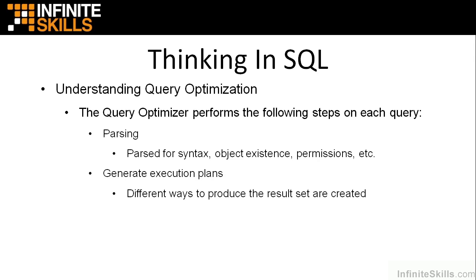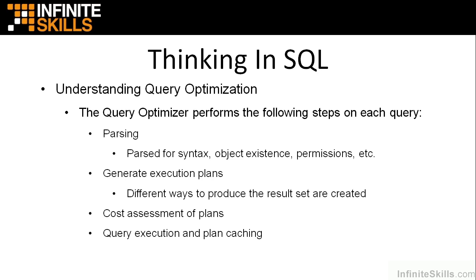And so it looks at a number of different ways that it could produce the results, and then it does a cost assessment of those plans. And it looks at which plan would be the most efficient. Once it's decided that, then it moves on to query execution, where it actually chooses the plan that looks like it would cost the least and give me the results I want. It executes it, and then it caches that plan. So the chosen plan is executed and then saved in cache for later use.